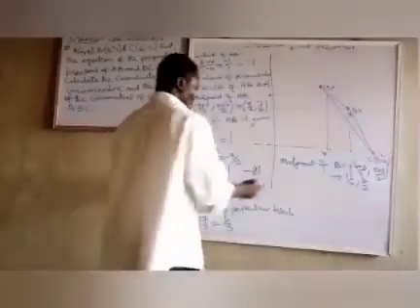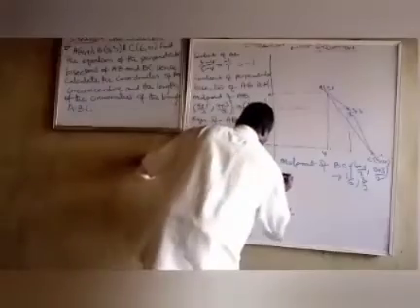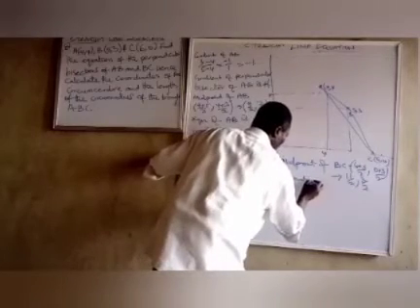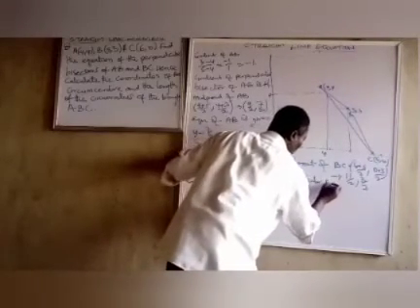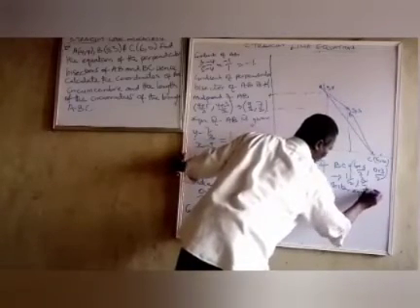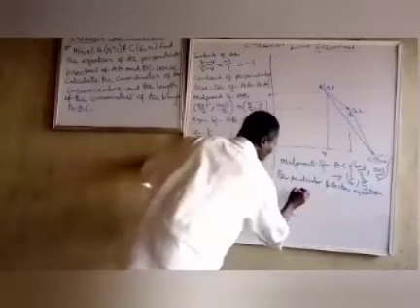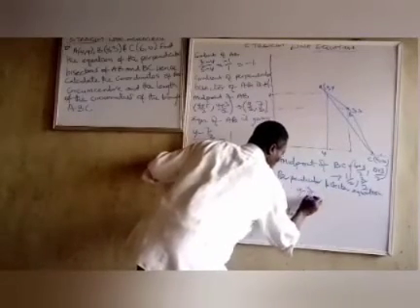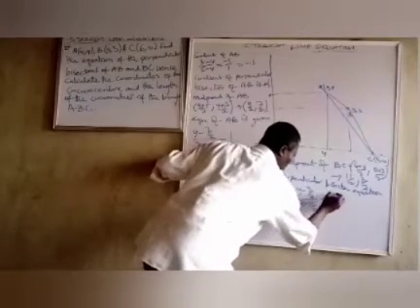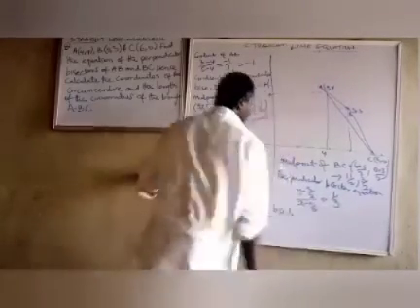So the equation for the perpendicular bisector is given by y minus 3 over 2 over x minus 11 over 2 is equal to 1 over 3. So what do I have here?